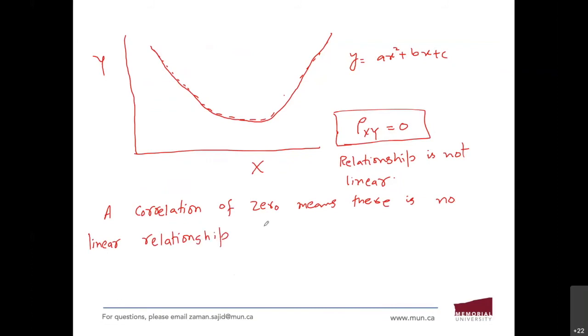And as we said in the previous slides, if two variables are independent, your covariance will be 0. So your covariance of x and y will be equal to 0.